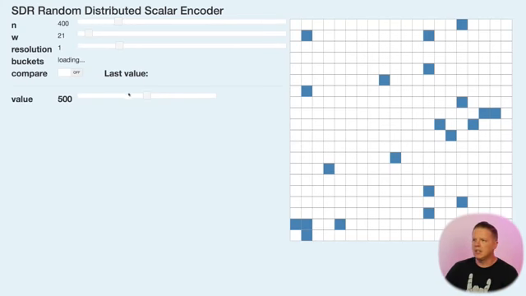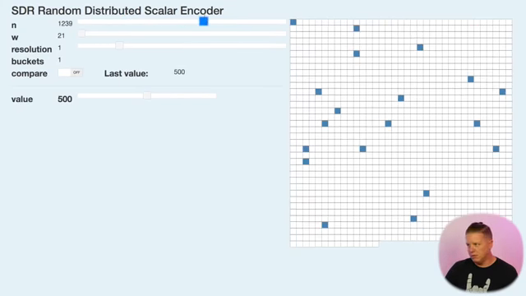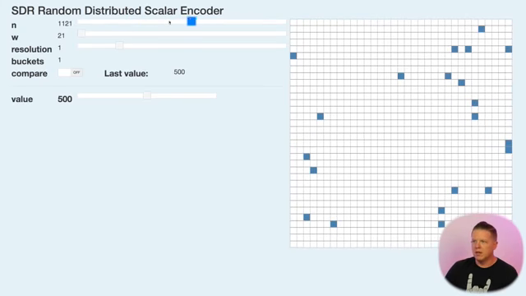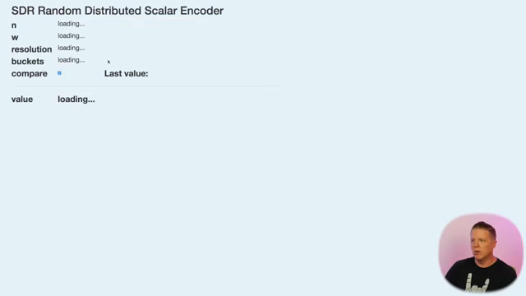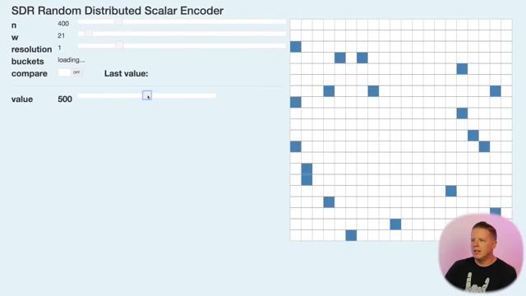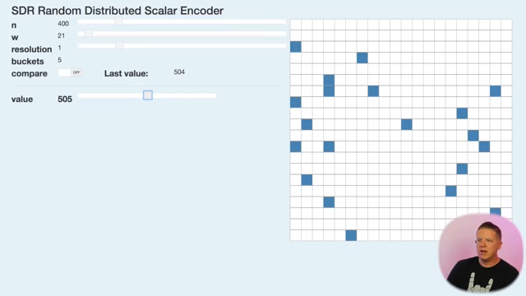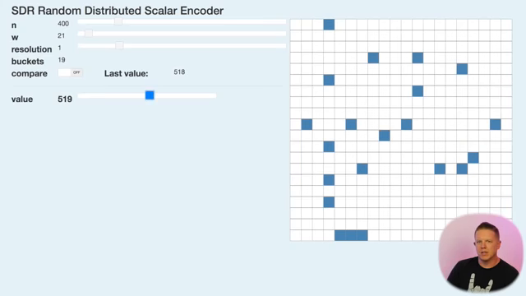In this case, this is representing the value 500, and we can again change the representation that we're creating here, increase the number of bits that we want. Let me set it back to what it was. The interesting thing here is as we increase the value, 505, 506, 507, 508, you see there's one bit that's moving between these buckets.